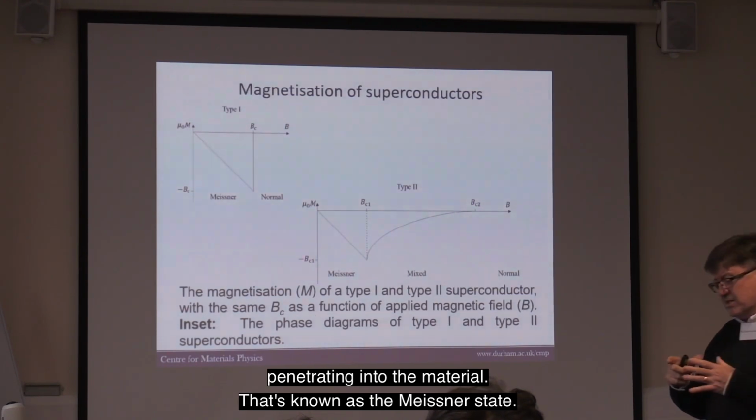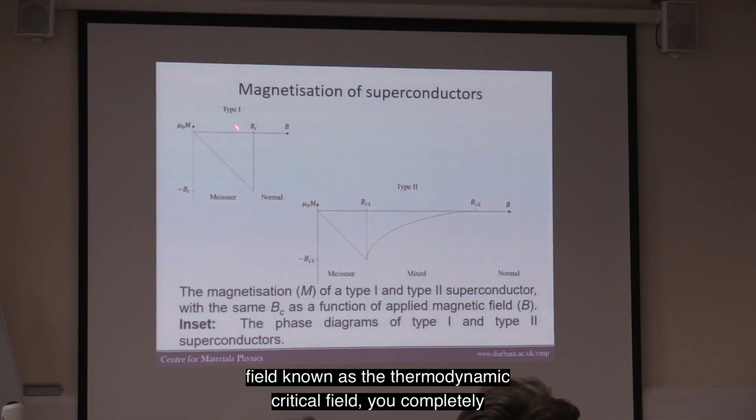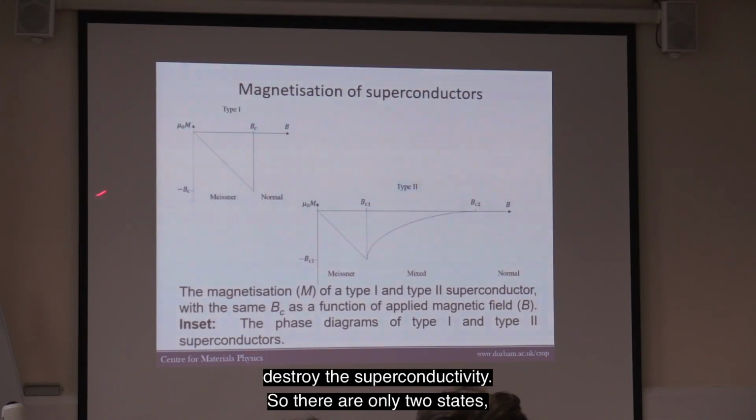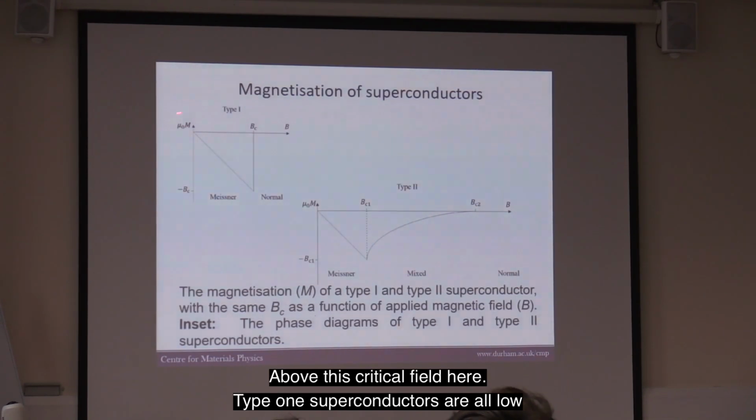That's known as the Meissner state. Eventually, when you increase the applied field to a sufficiently high field, known as the thermodynamic critical field, you completely destroy the superconductivity. So there are only two states, the so-called Meissner state and the normal non-superconducting state, above this critical field here.